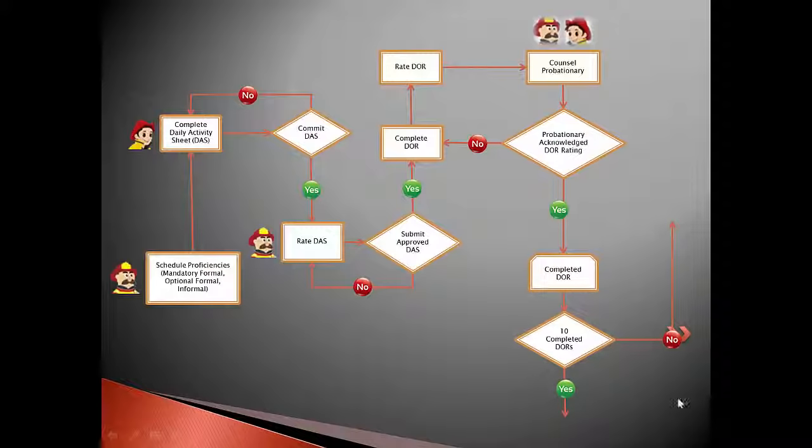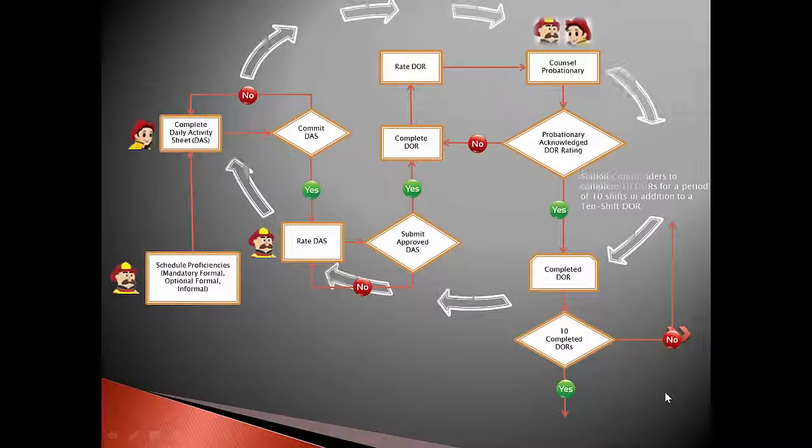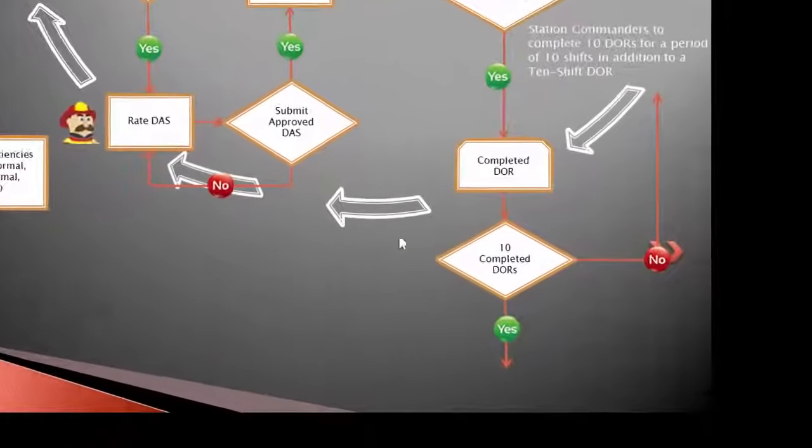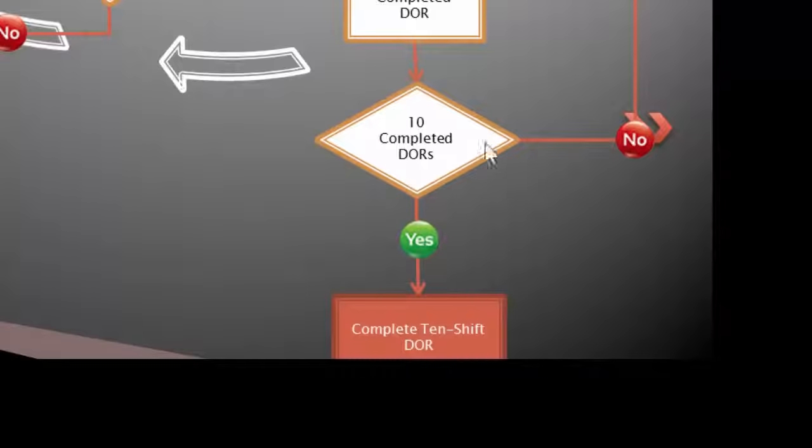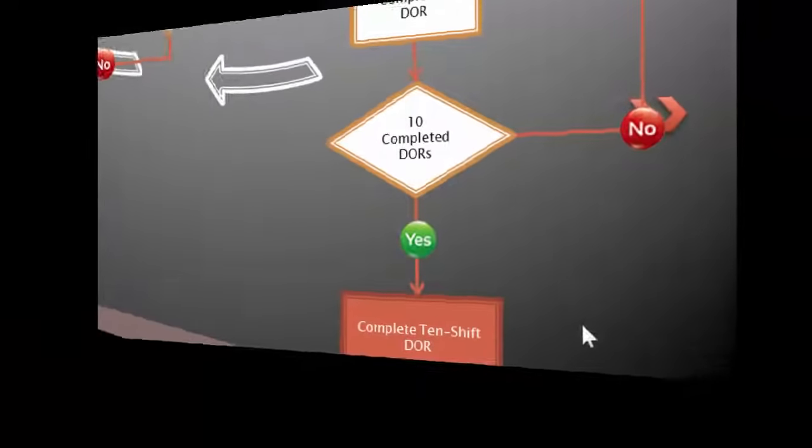This cycle will repeat until the station commander completes 10 DORs for a period of 10 shifts. Once 10 DORs have been completed, the station commander will complete a 10-shift DOR.